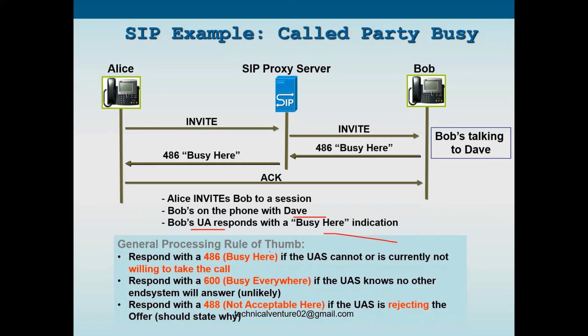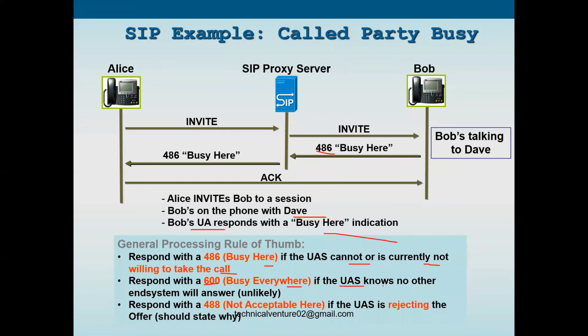There is a general rule of thumb. Respond with a 486 Busy Here if the UAS cannot or is currently not willing to take a call. Another one, respond with 600, which you get when the party is busy everywhere.